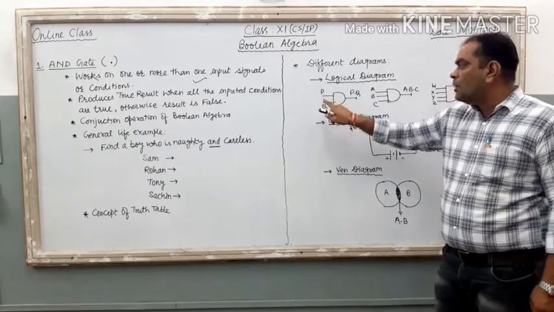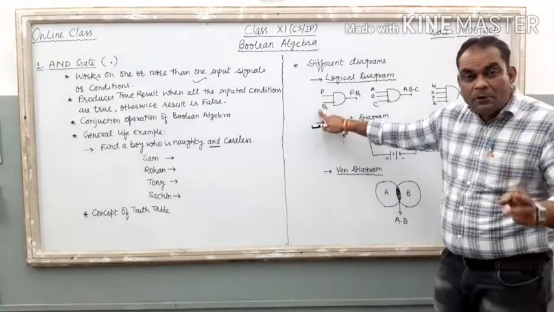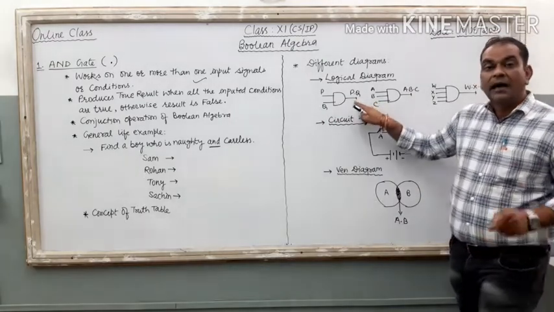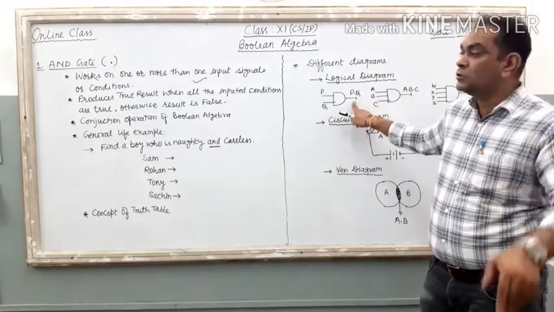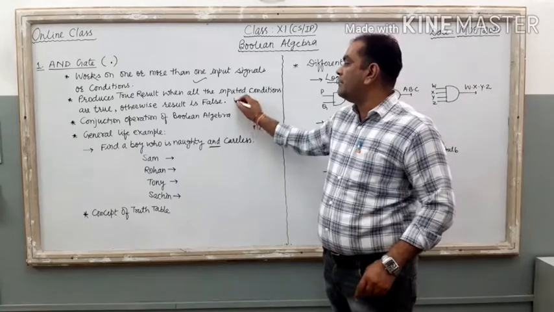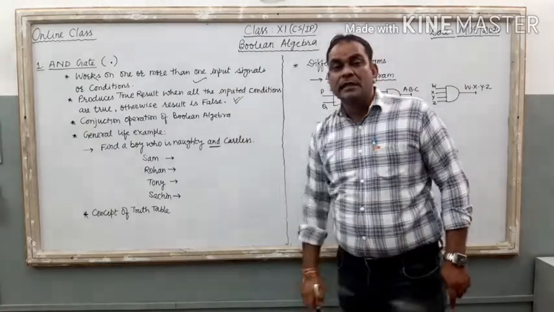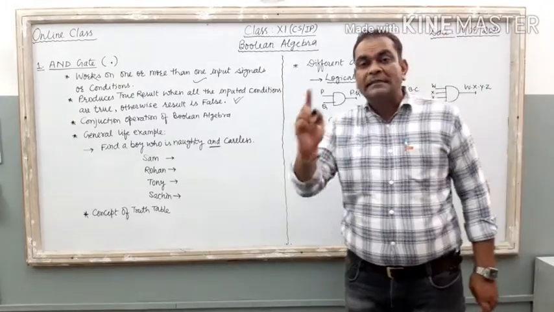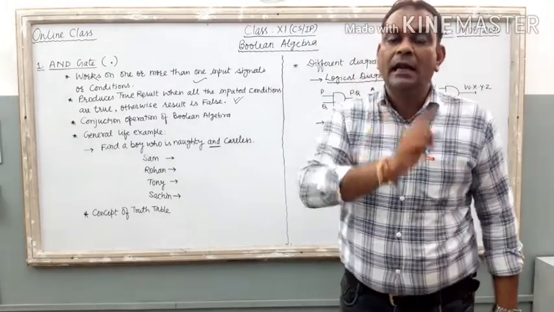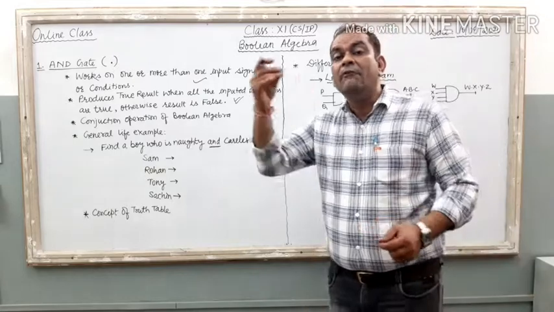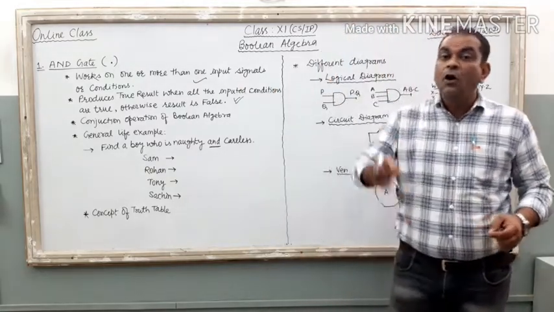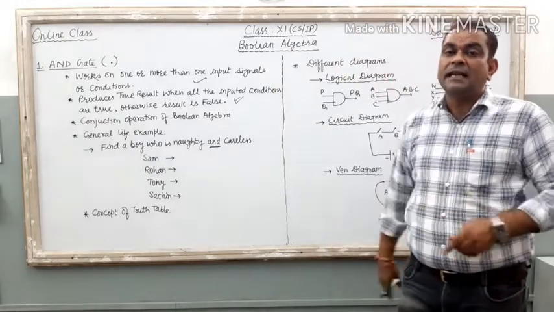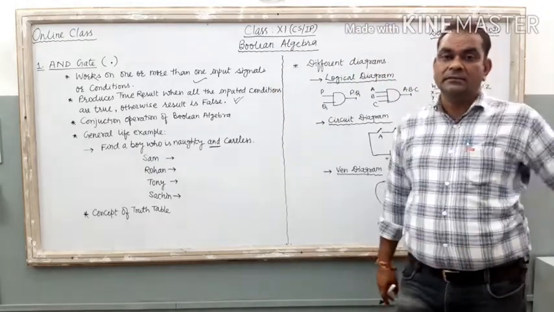If P is true and Q is true, both input signals are true, then only the result is true, otherwise false. So the most important point related to the AND gate is, it produces a true result only if all the input signals are true. Right? If any one input signal is false or all the input signals are false, then the result of this AND gate is always false.